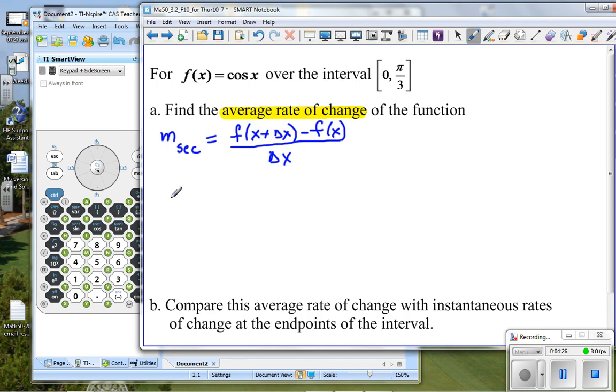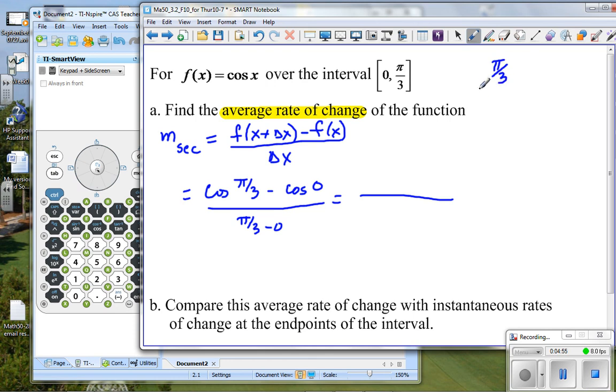What we need to do to find the slope of the secant then is to take cosine of pi divided by 3 minus cosine of 0, divided by pi divided by 3 minus 0. Let's look at this first and see what we can come up with. First of all, pi divided by 3, we're going to build our proportion here.